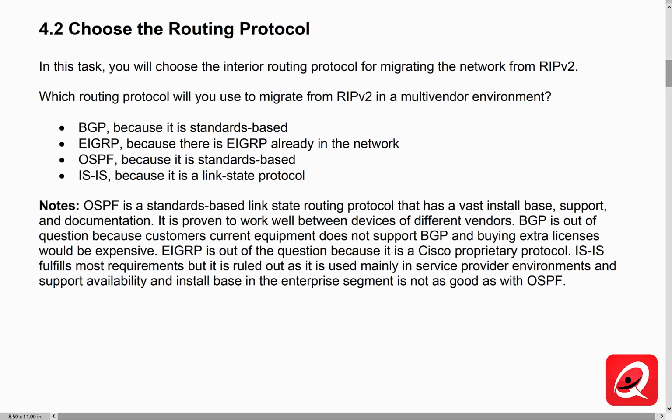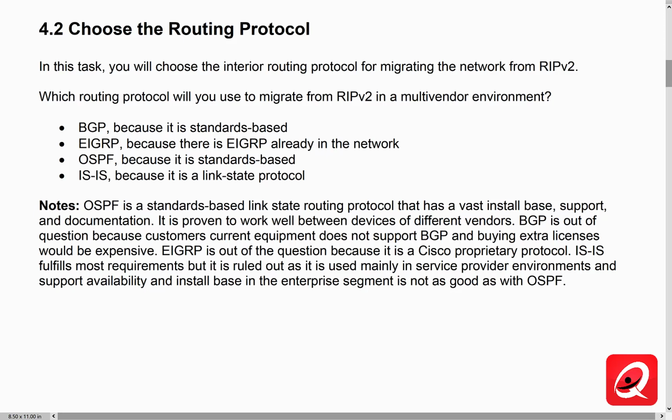is OSPF. OSPF is a standards-based link state routing protocol. It has a vast install base, lots and lots of documentation. It is proven to work well between devices from different vendors. BGP is out of the question in this case because the customer's current equipment doesn't support BGP, and buying extra licenses would be too expensive.